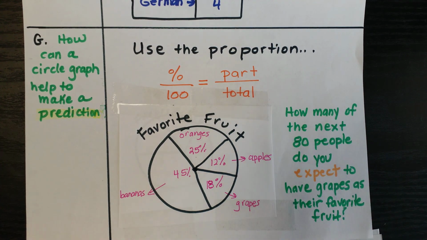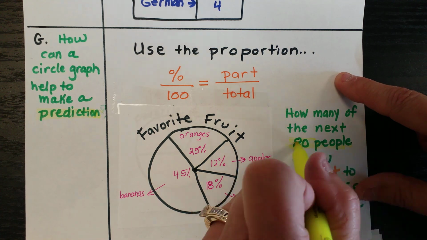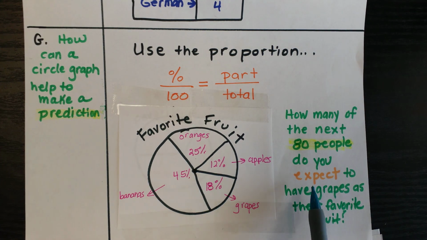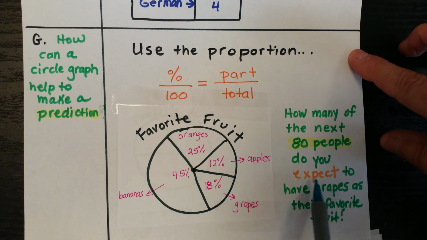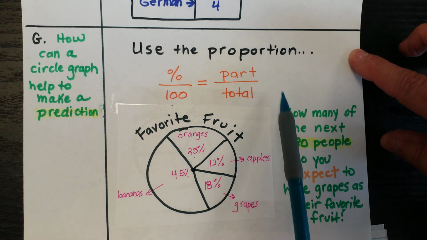How many of the next 80 people, I'm going to highlight the 80, how many of the next 80 people do you expect, and I highlighted that as well. The word expect just means to predict. Expect and predict are the same thing. That means you're using this formula.